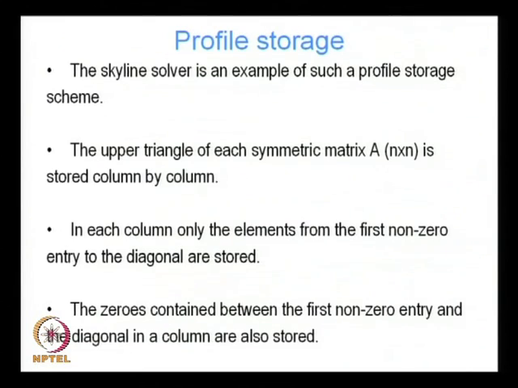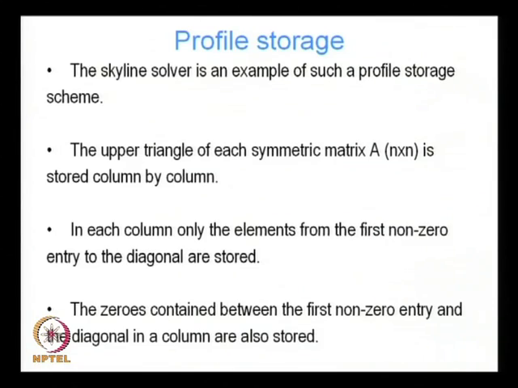One of the most well-known storage schemes is known as the Skyline solver. In the Skyline solver, the upper triangle of each symmetric matrix is stored column by column, but not the entire column is stored. In each column, only the elements from the first non-zero entry to the diagonal are stored.